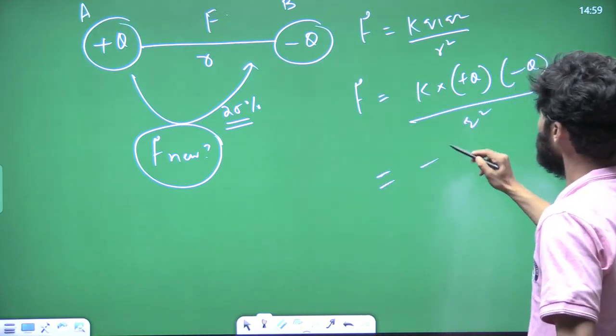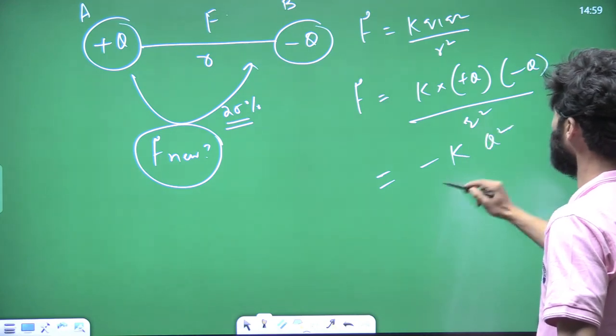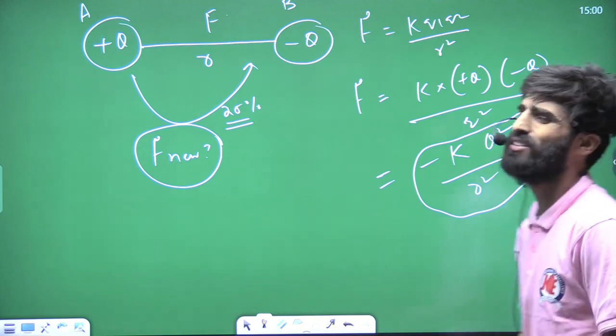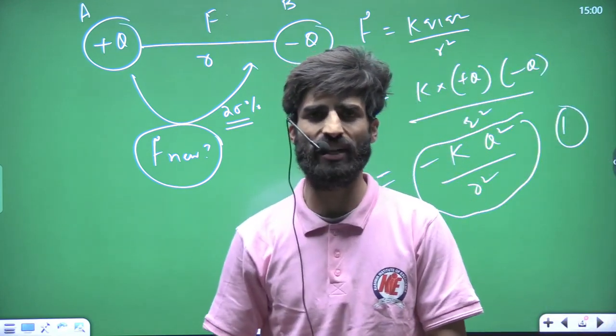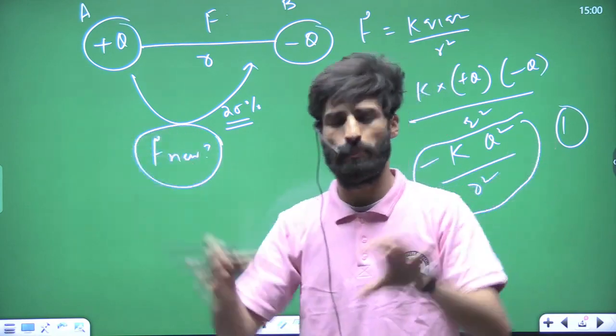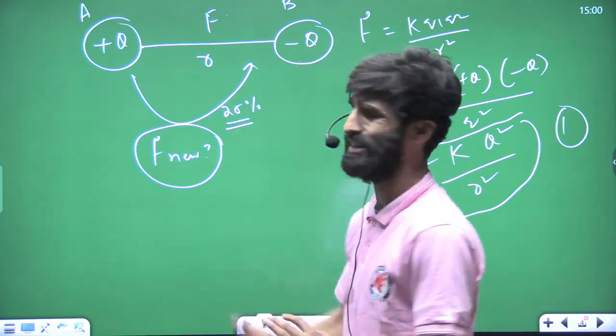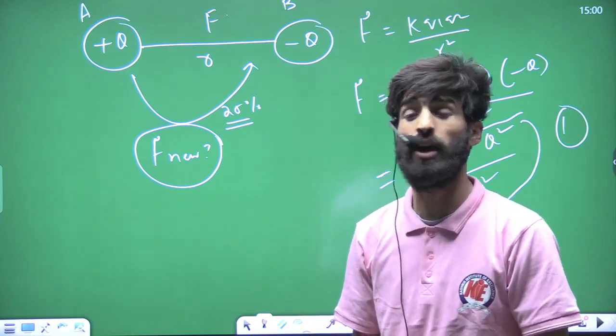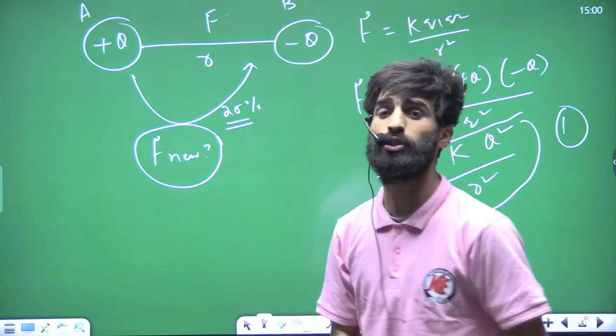That gives minus k Q square divided by r square. That is F when there was no sharing of charge between the two point charges, plus q and minus q.